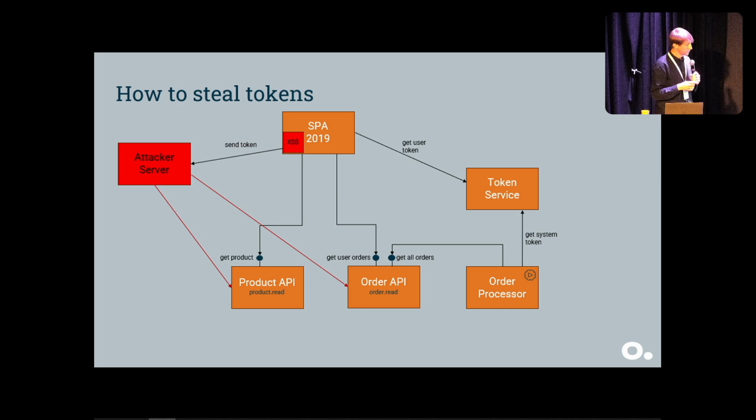Then that code can do the same things that your application code can do. And that means it can silently renew tokens and send those tokens to the attacker server. And from the attacker server, we can access the APIs, just like the application would. And so that is, of course, not a good thing.